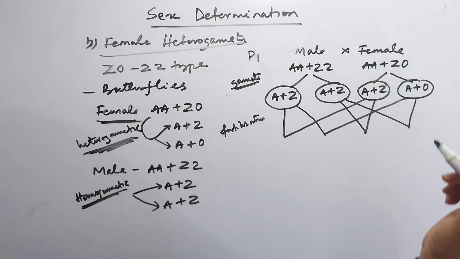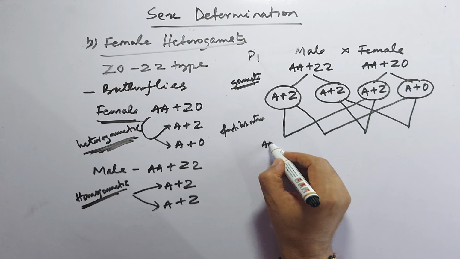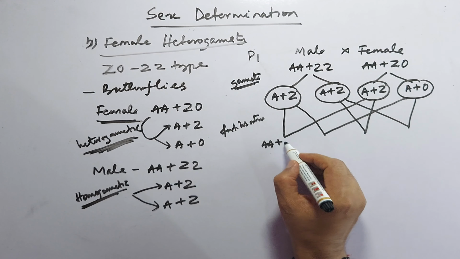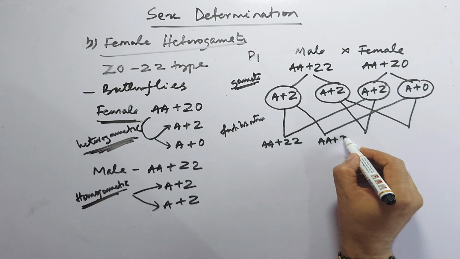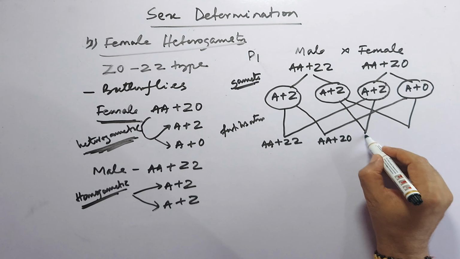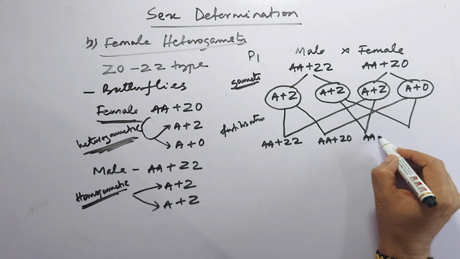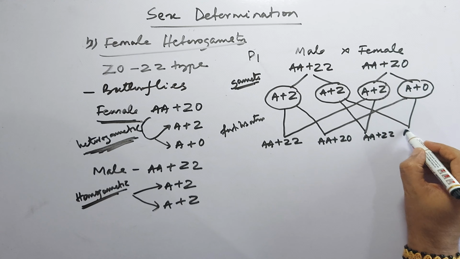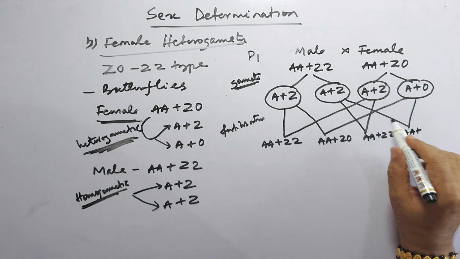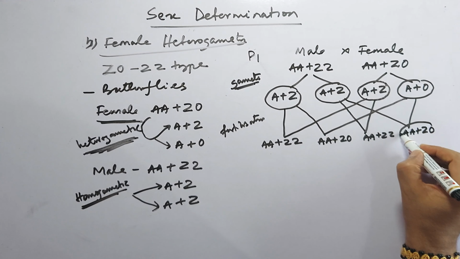This will produce AA plus ZZ, AA plus ZO, two sets of autosomes plus ZZ, and two sets of autosomes plus ZO. In this way there is fusion and formation of the offspring.